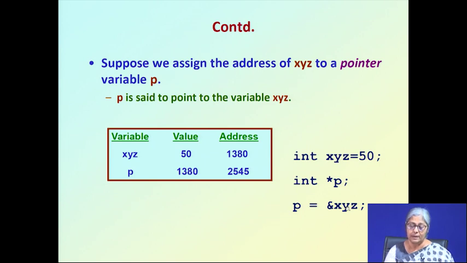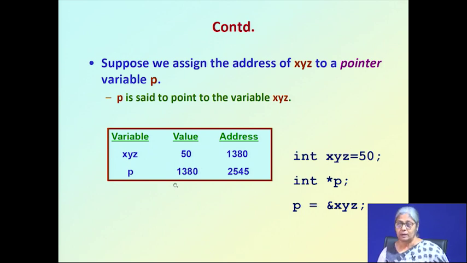If the address of xyz has the value 1380, then once I make this assignment statement, p equal to ampersand xyz, p has the value 1380.